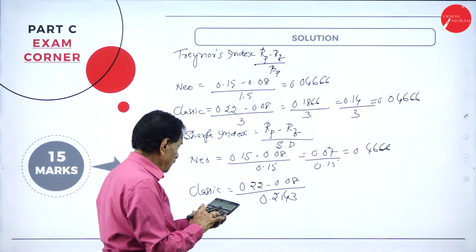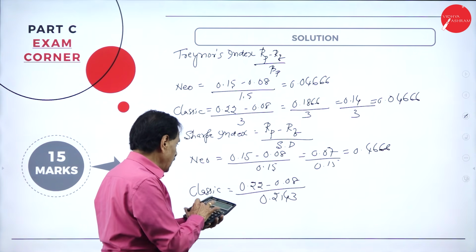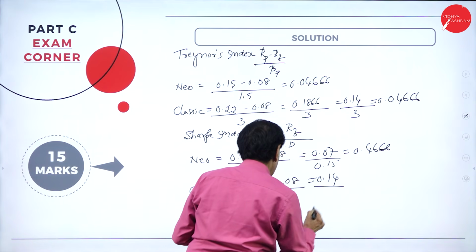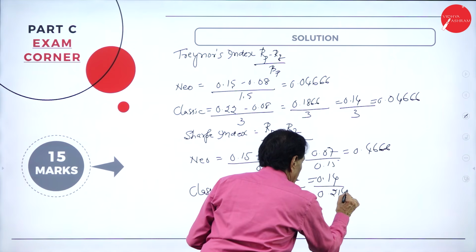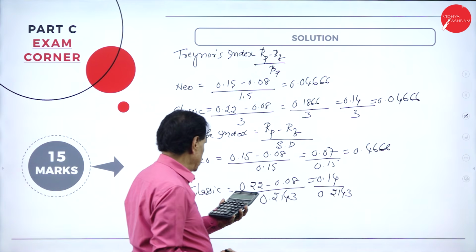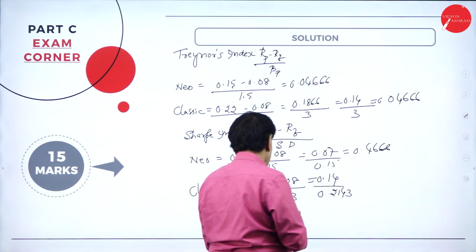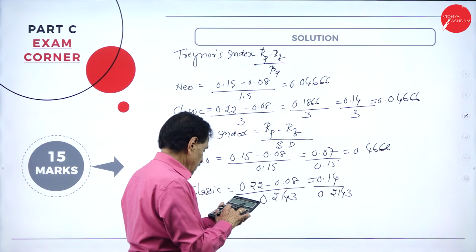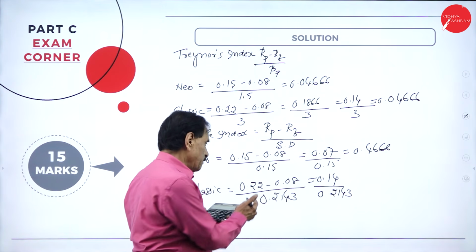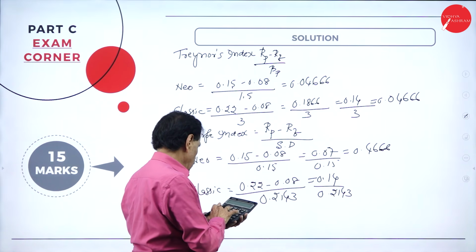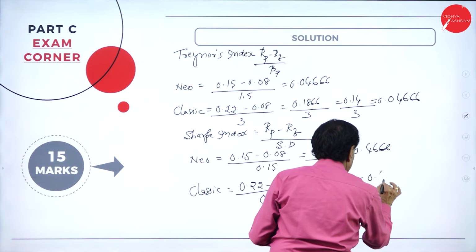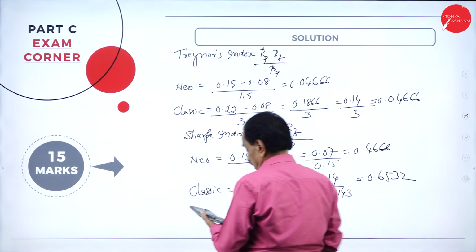0.22 minus 0.08, 0.14 divided by 0.2143. I repeat: 0.22 minus 0.08, 0.14 divided by 0.2143, is 0.6532.